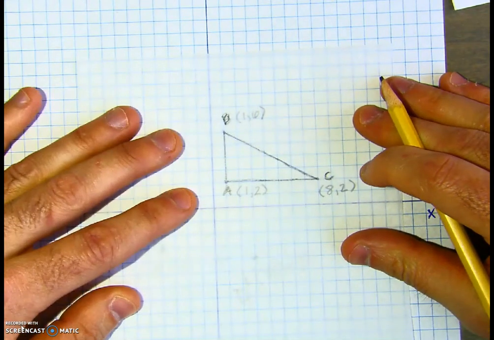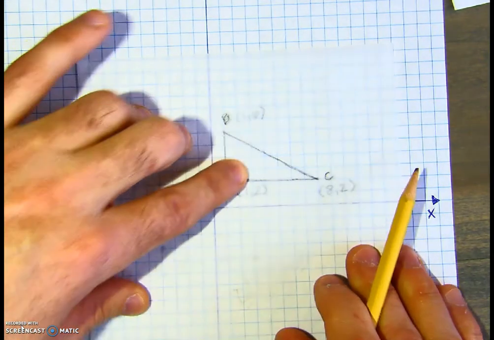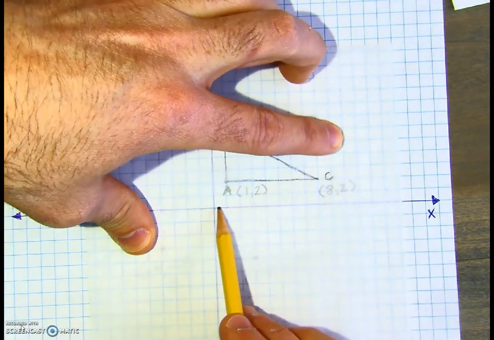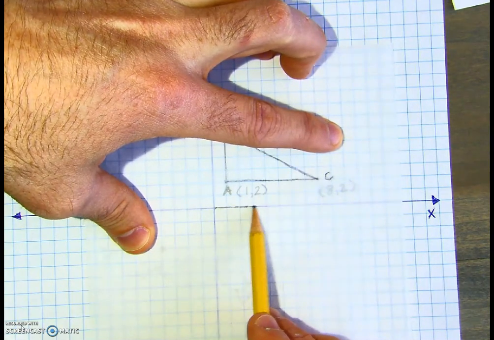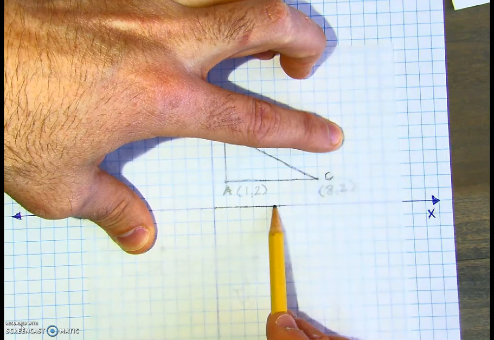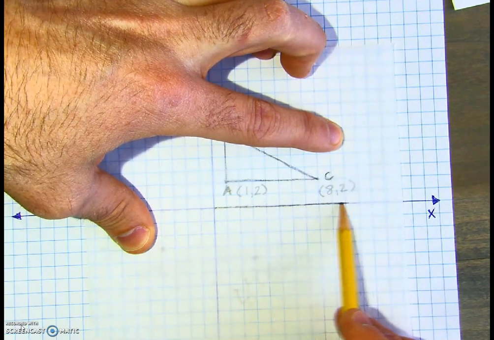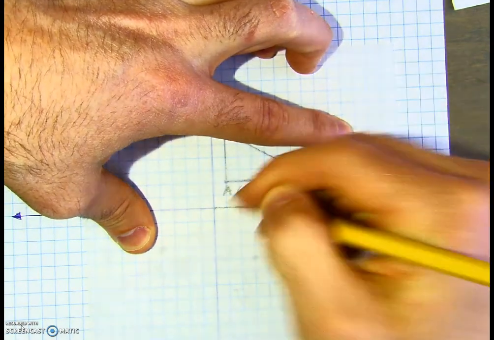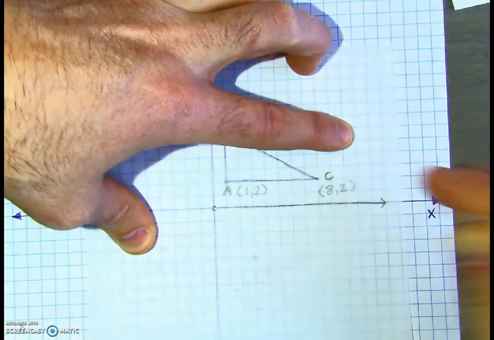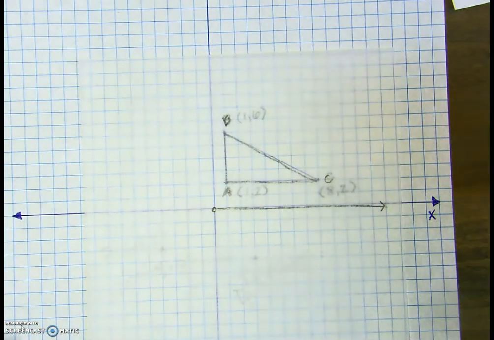And since we're reflecting across the x-axis, I want to trace a little portion of this x-axis for my line of reflection. All right, got it. I'm going to mark the origin as well. And if you remember, a reflection is a flip.